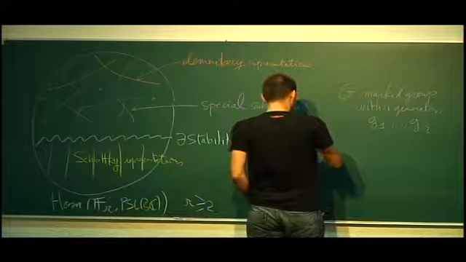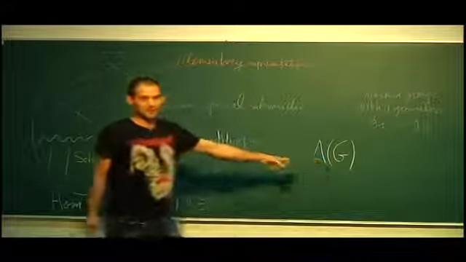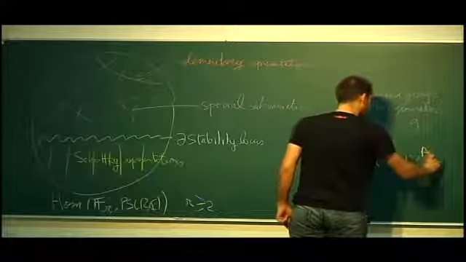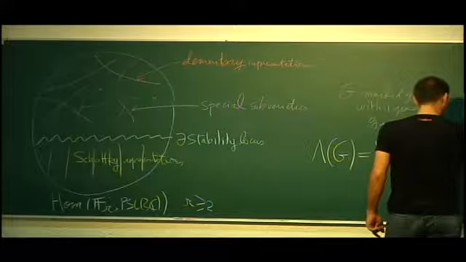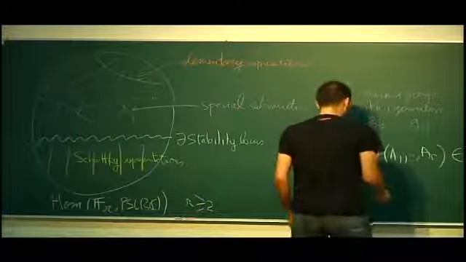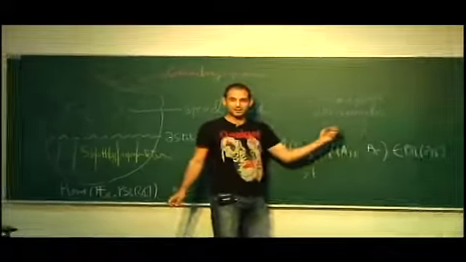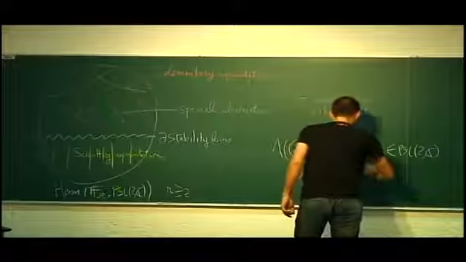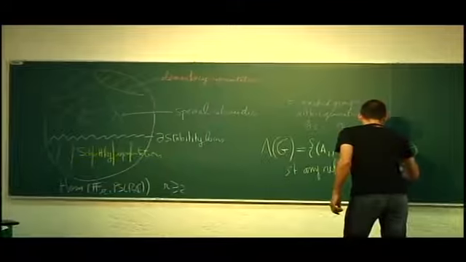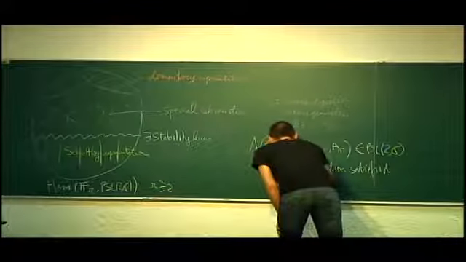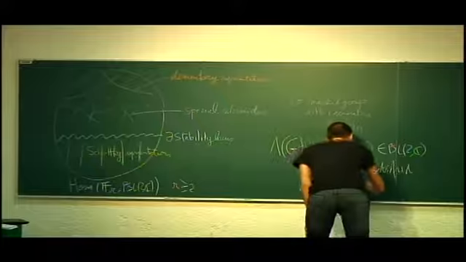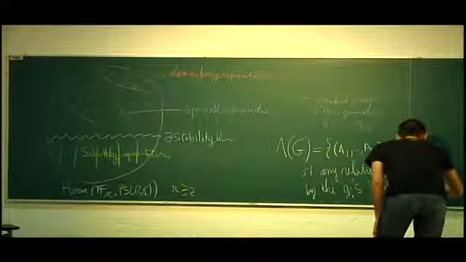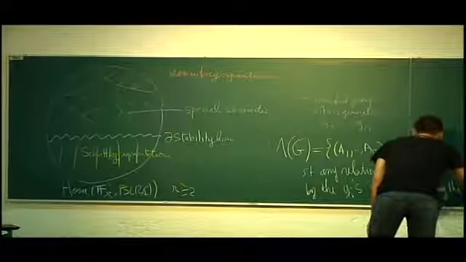And you look at the set that we denoted by lambda of G. So this is the special subvariety associated to G, which is the set of R-tuples of matrices such that any relation satisfied by the GIs in G is also satisfied by these matrices AI.